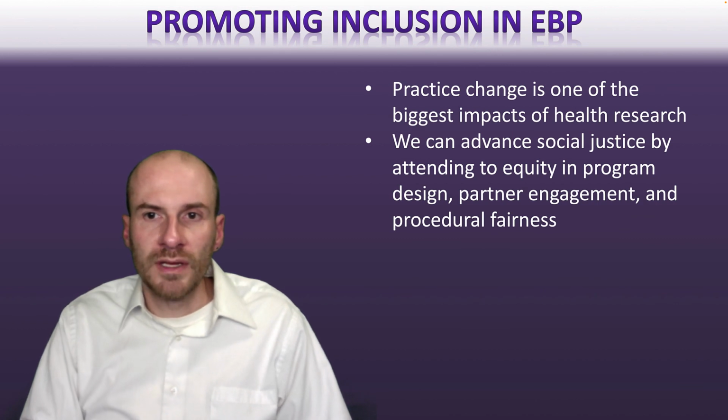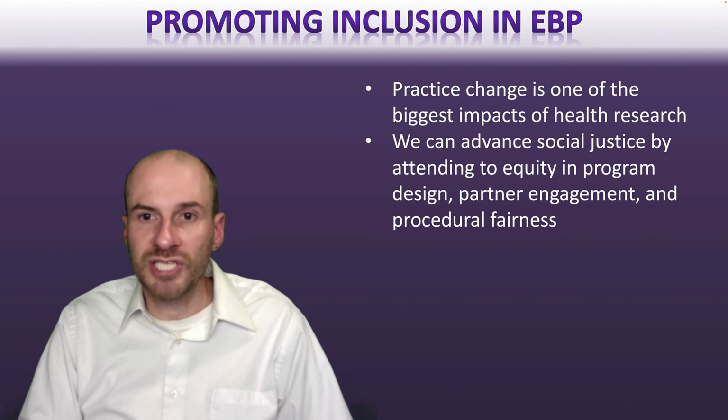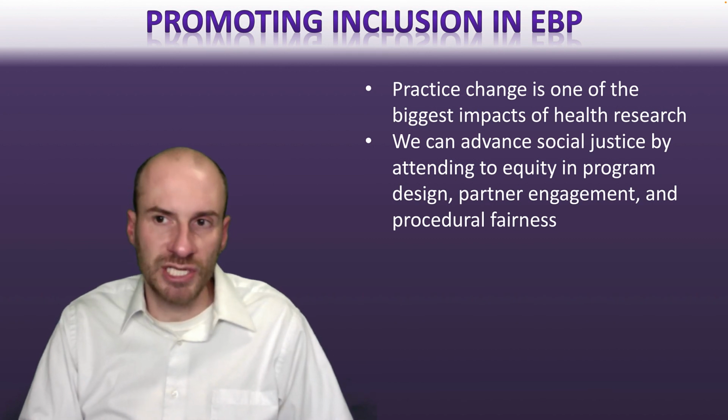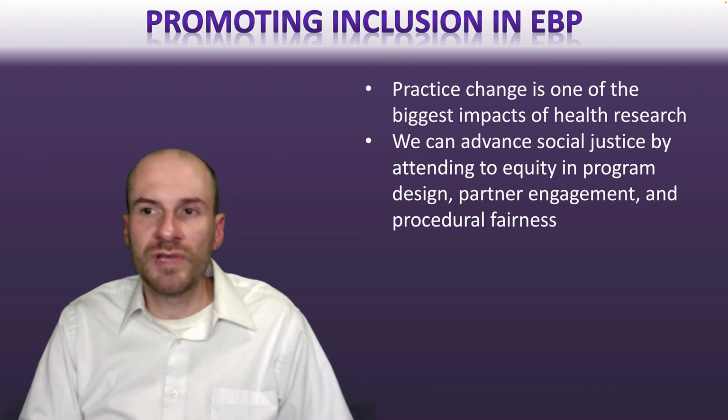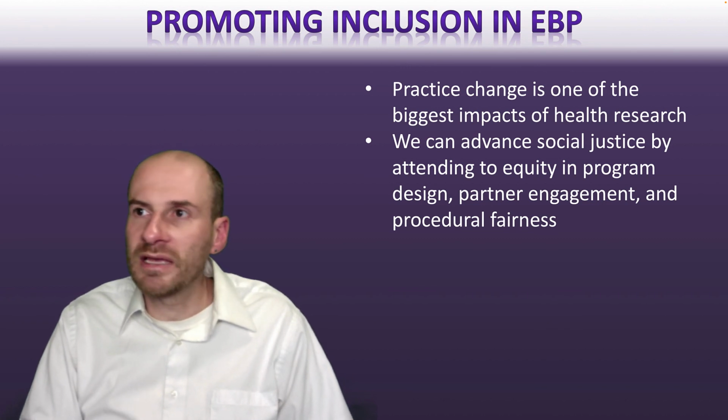All right. So when we think about evidence-based practice, practice change is one of the biggest implications of health research. It's the major reason that we do health research: to advocate for our patients, make their lives better, and change health systems for the better.